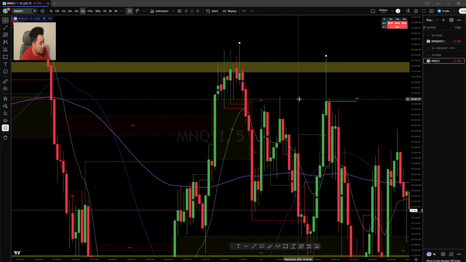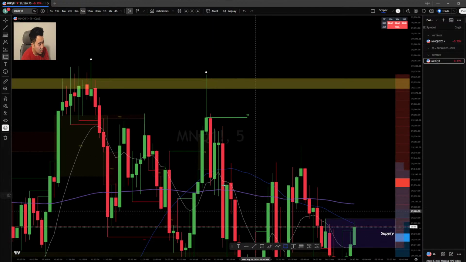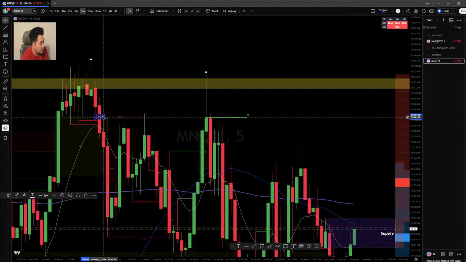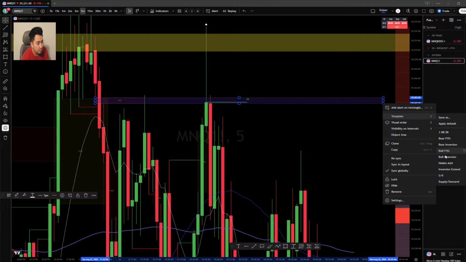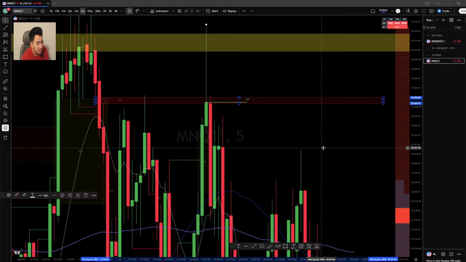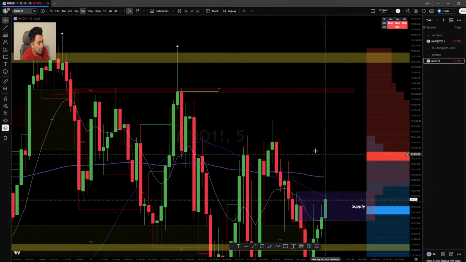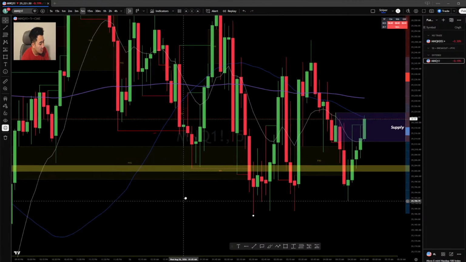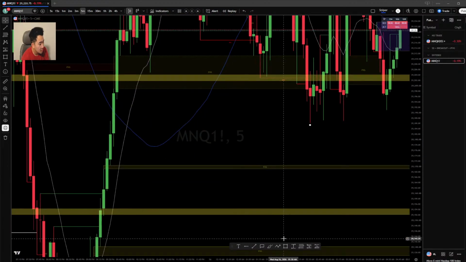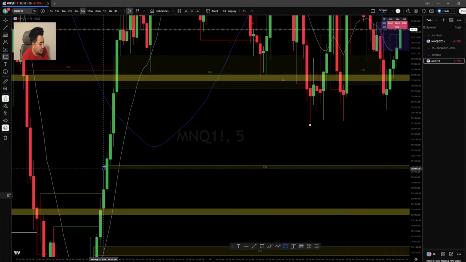5 minute chart. Make sure we mark out our fair value gaps here, FVGs. Here we have a bearish one. Bearish gap sitting at the top. 5 minute. Five-minute gap sitting down here at the bottom.